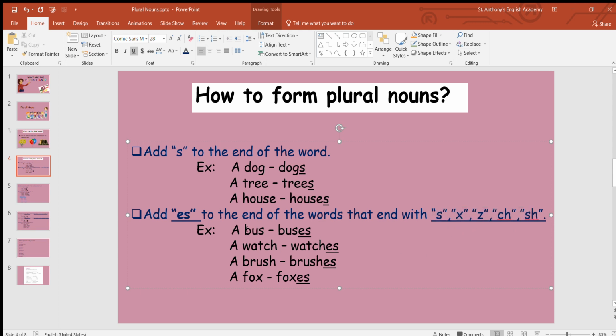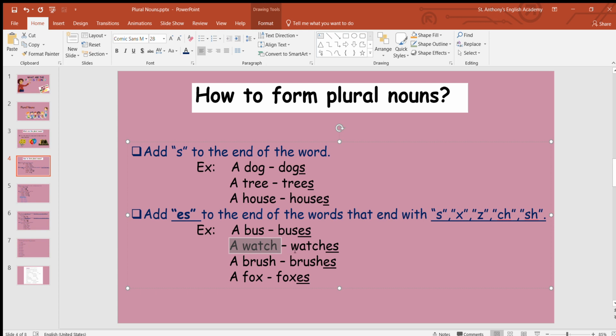Look at the examples. A bus. It's a singular noun. The last letter of this word is S. Therefore, you have to say buses. The plural is buses. ES. See, very easy. Next example. A watch. Last 2 letters are C and H. Now we know you need to add ES at the end of this word.